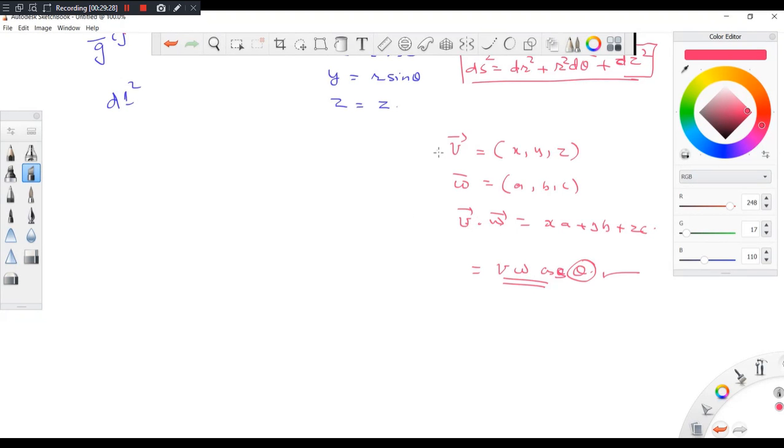Another problem: suppose you have a vector V and another vector W. The dot product you define in this space is okay, but suppose the components are not scalars, rather the components themselves are some quantity. For example, the components may be polynomials or matrices. Then the space is a more general kind of space, and there you talk about the inner product.